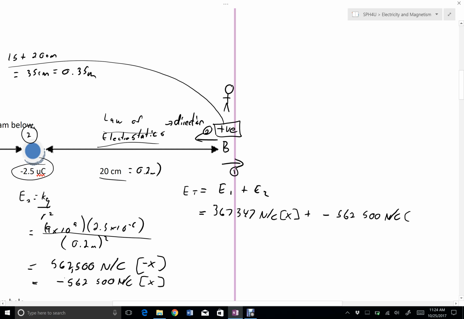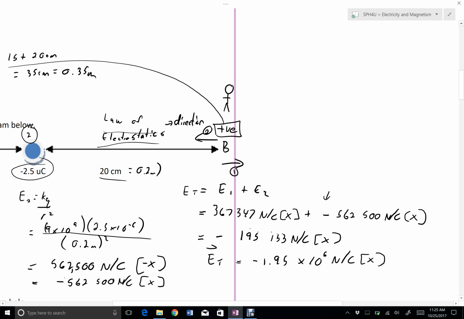It is in the negative x direction. That's what I've represented here. So when I add those two things, or really subtract them because they're going in opposite directions, I get negative 195,153 newtons per coulomb x, or let's say 1.95 times 10 to the 5 newtons per coulomb in the negative x direction.